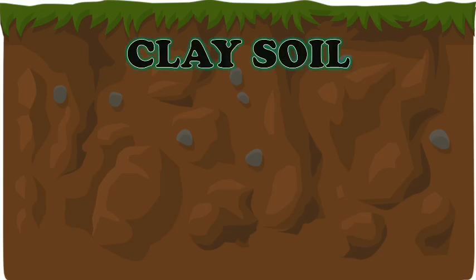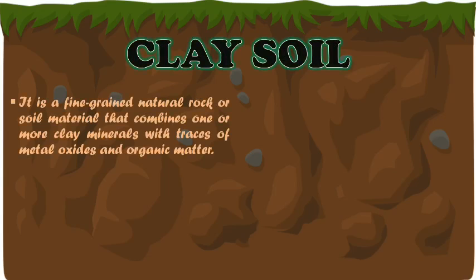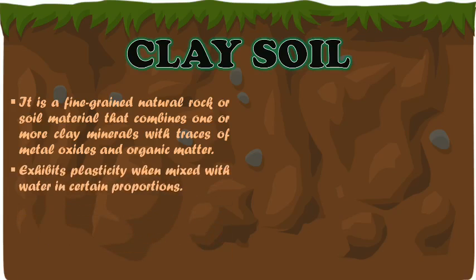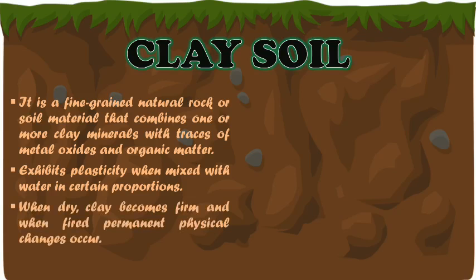Okay, another type of soil is the clay soil. Clay soil is a fine-grained natural rock or soil material that combines one or more clay minerals with traces of metal oxides and organic matter. Clay soil exhibits plasticity when mixed with water in certain proportions. When dry, clay becomes firm, and when fired, permanent physical changes occur.